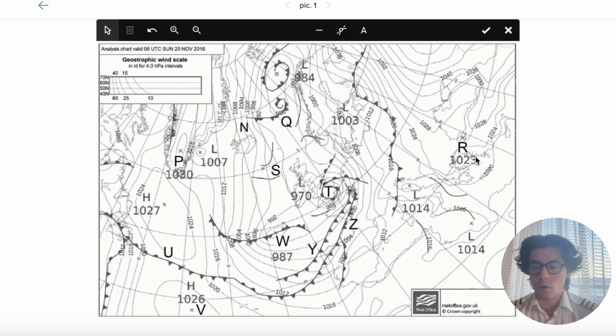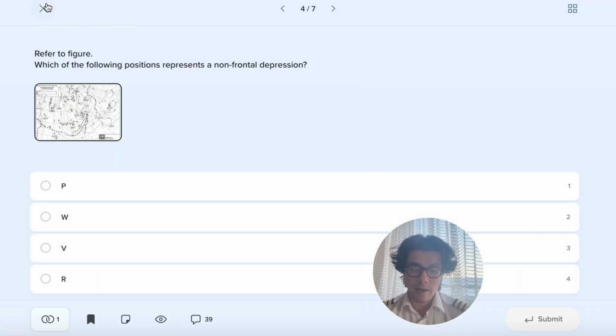And then as you can see, we're only left with Romeo, which could also be an orographic low, which is also a type of non-frontal depression. Around it you have 1028, 1024. So this is clearly some form of a lower pressure zone, because the other ones are all associated with a front. However, I can see how this can be tricky, so always try to exclude the other answers before committing to one.